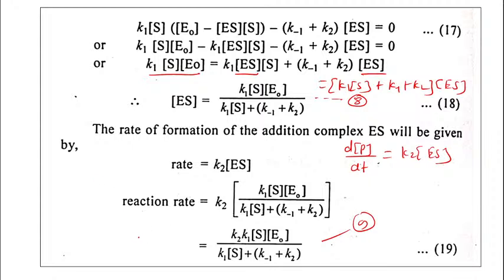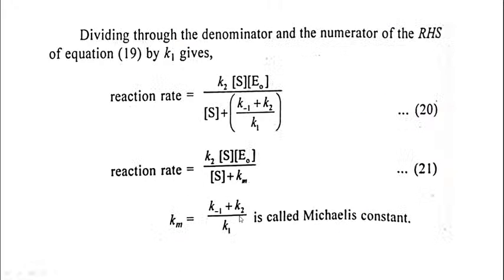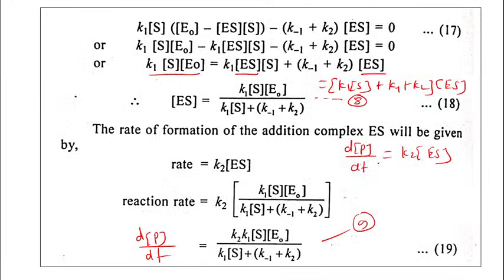So we are getting here the rate of the formation of the product with respect to time, that is the reaction rate. Let us apply the cases to this equation, or we can simplify this equation first, dividing by K1 in the numerator and denominator in equation 9.